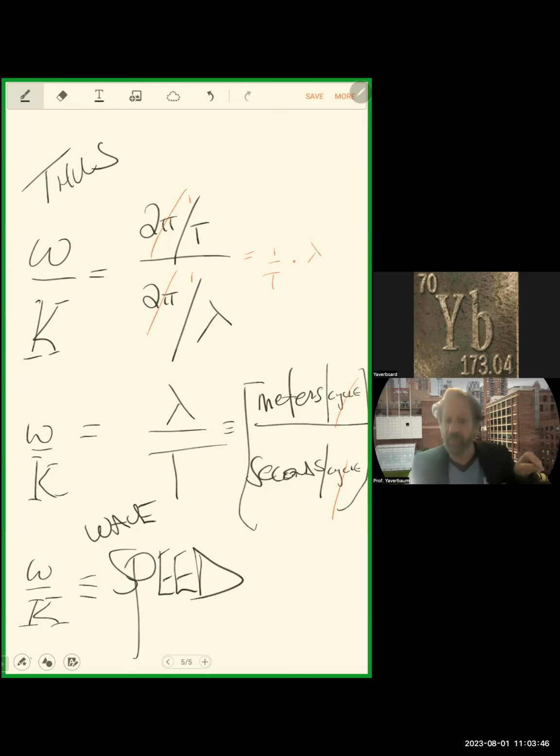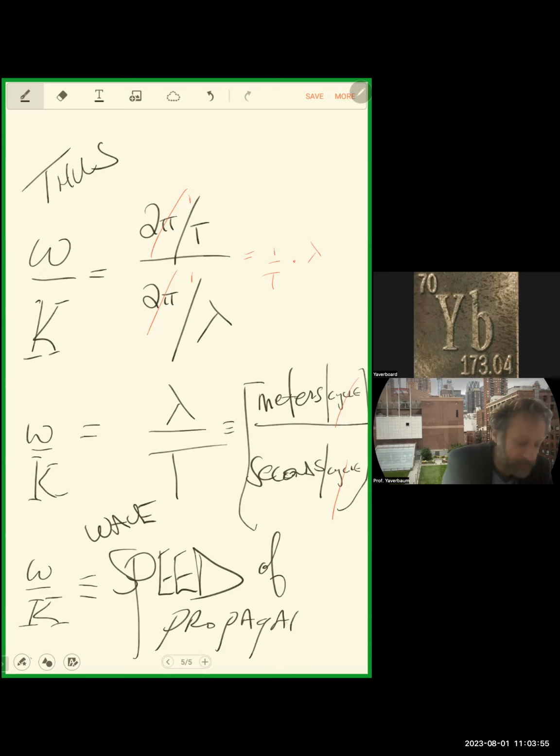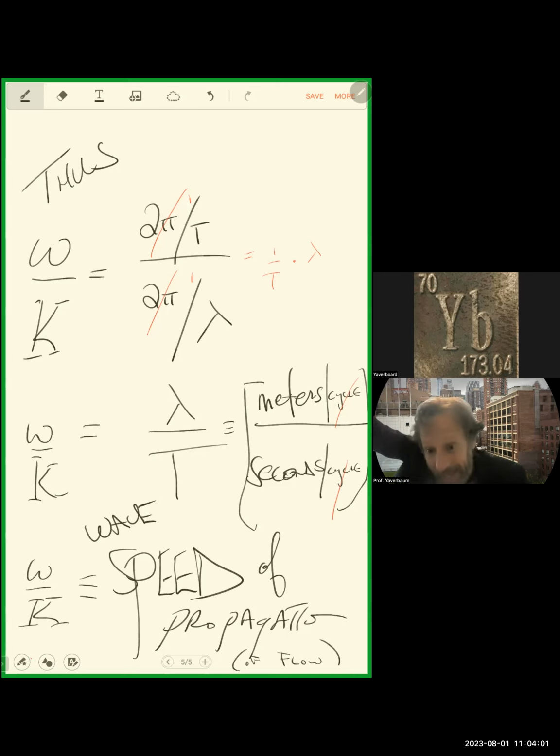But this is the wave speed. This is the speed of propagation. This is the speed at which pulses flow along the x-axis from one place to the other, right? So omega over k is the speed of propagation.